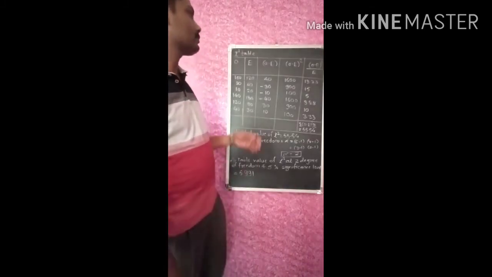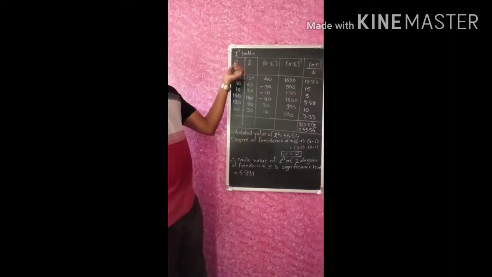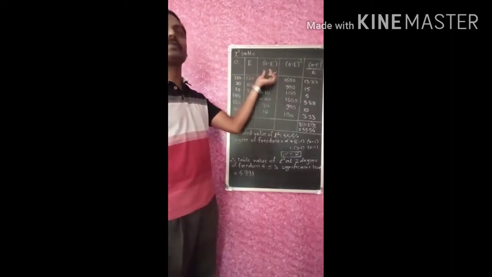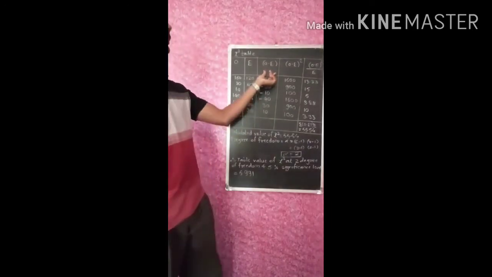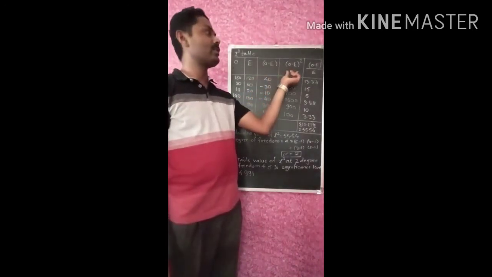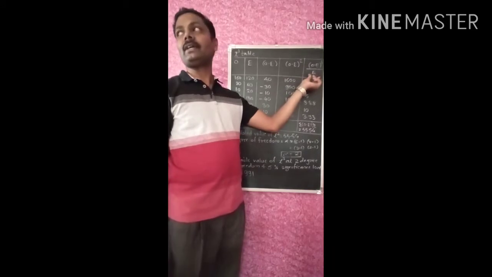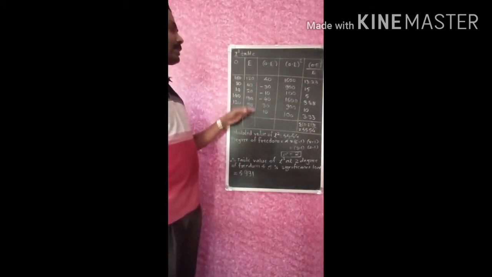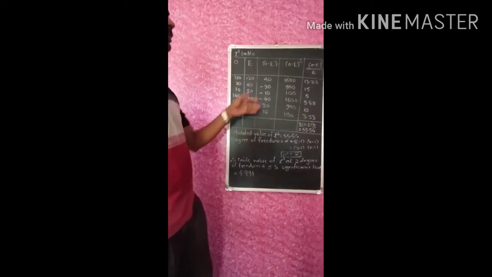Calculation of chi-square table. In this table we have values: O observed frequencies, E expected frequencies, difference between observed frequency and expected frequency, square of difference, and square divided by E. We have these observed frequencies. We have calculated these expected frequencies.